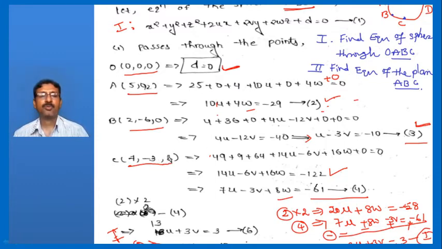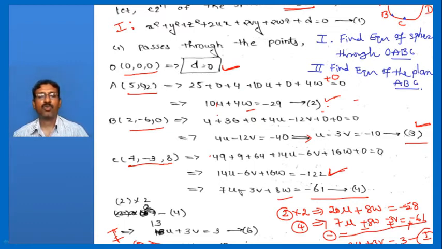Next I substitute C in equation 1. I get 49 plus 9 plus 64, where 7 square is 49, minus 3 square is 9, 8 square is 64, then 14u minus 6v plus 16w plus 0 equal to 0. Here 49 plus 9 is 58, plus 64 is 122, shifting to the right side, minus 122.